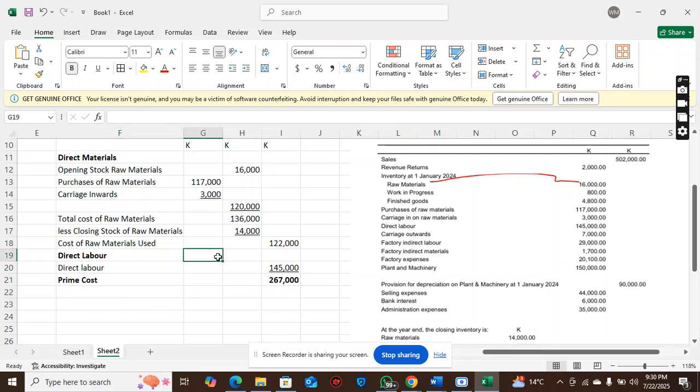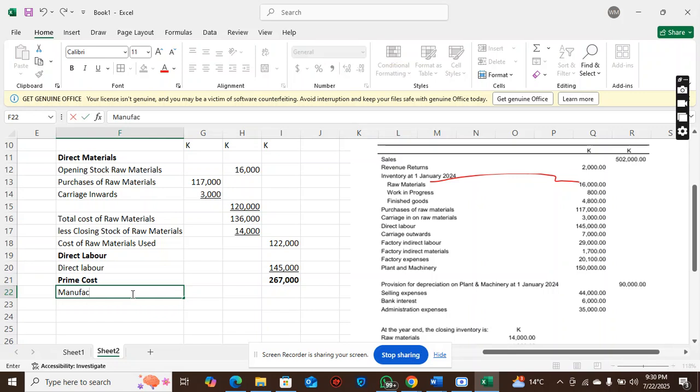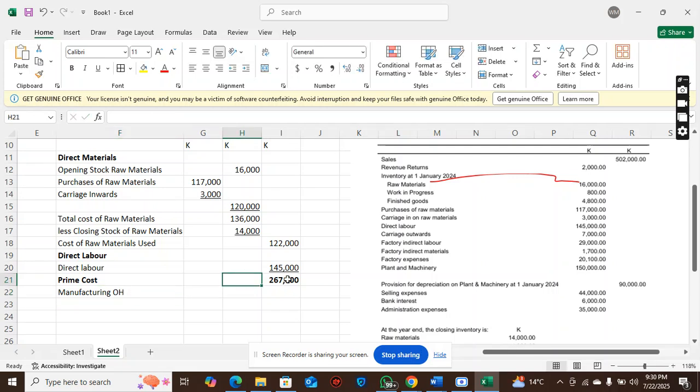Okay. What's the next thing now? Yes, our overheads. Okay. So these overheads, one, they should have the word factory attached to them. If they don't have the word factory attached to them, then they're going to go either in the trading account or the statement of profit or loss.